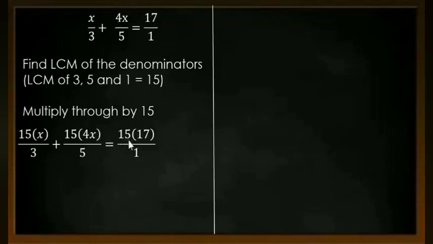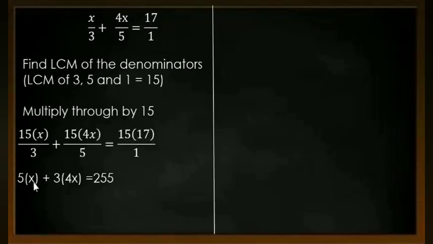So if this is the case, we can see that 3 can cancel 15 to give us 5 here, 5 can cancel 15 to give us 3 here, 1 into 15 will still give us 15. So 3 into 15 is 5, 5 into 15 is 3, 1 into 15 is 15, and 15 times 17 will give us 255.